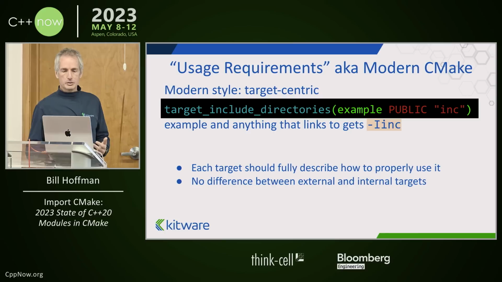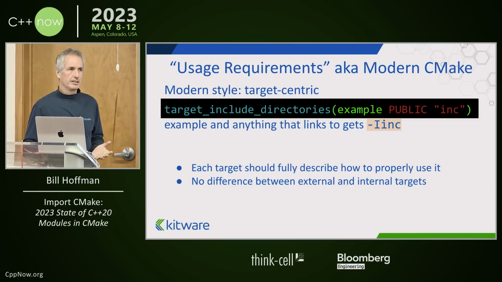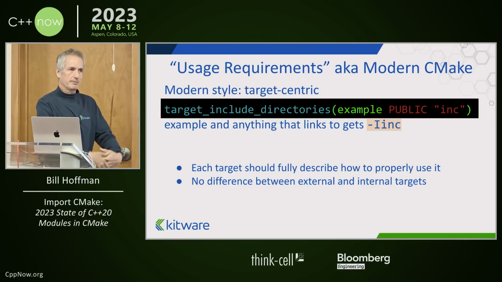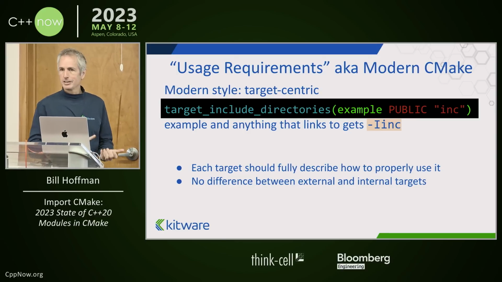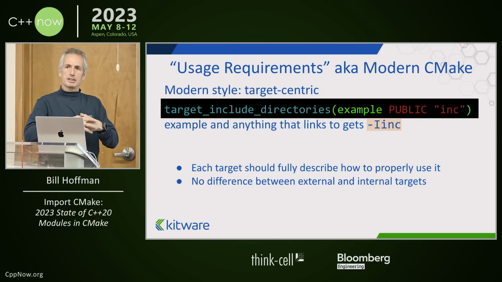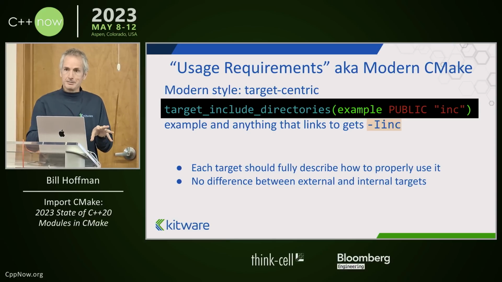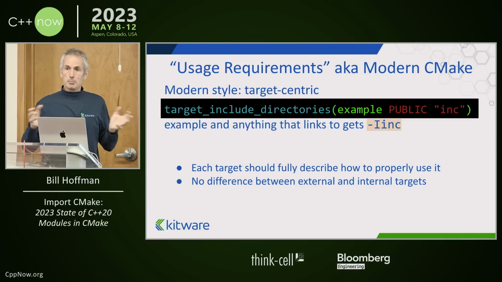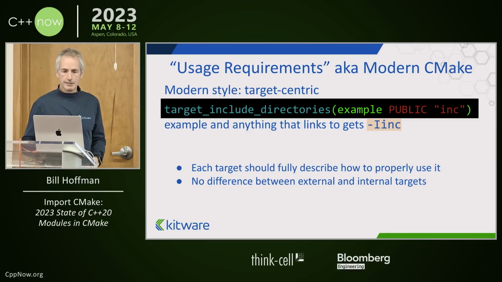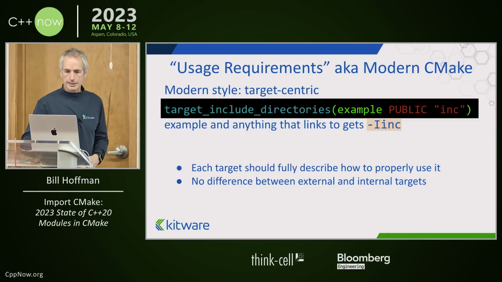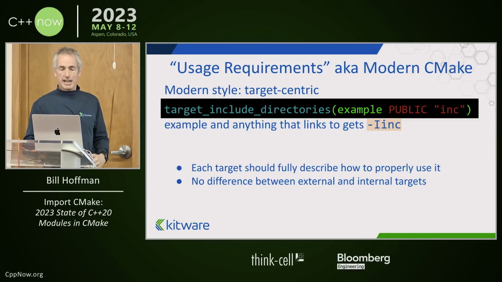And there should be no difference between external and internal targets. By external targets, I mean something built with some other build system, or CMake in another round of builds, or something you found in a Debian package or RPM package. CMake should be able to consume that, and then it should look like something in the CMake code, like something you built locally. So ideally there should be no distinguishing between external and internal targets. And that's sort of the key of modern CMake.